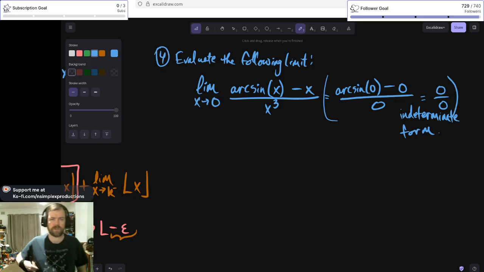Since this is an indeterminate form, we're not able to figure out what the limit of 0 over 0 should be. Again, we've discussed this before. It could be that this is going to infinity, so that the top is bigger. It could be going to 0, in which case the bottom is bigger.